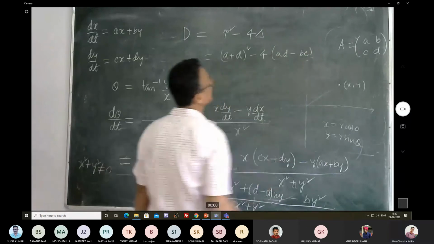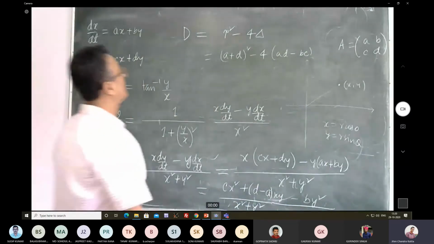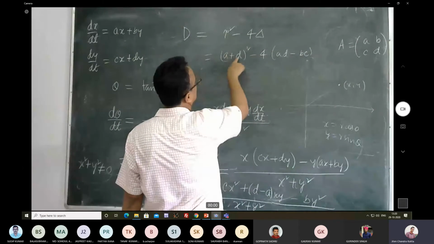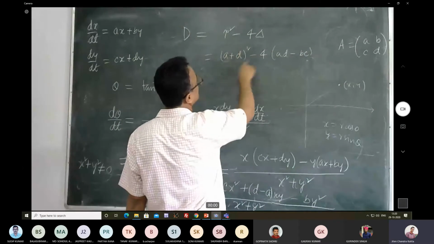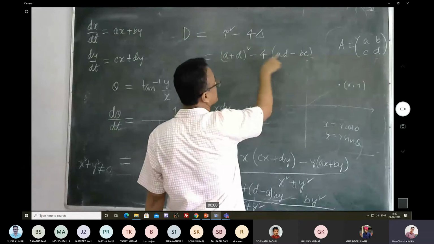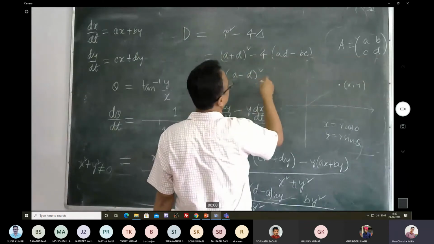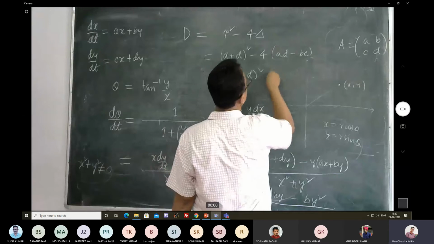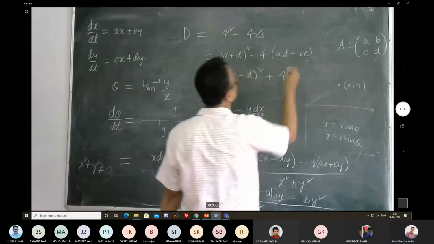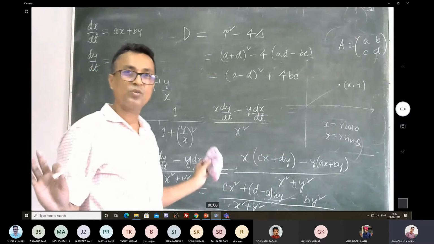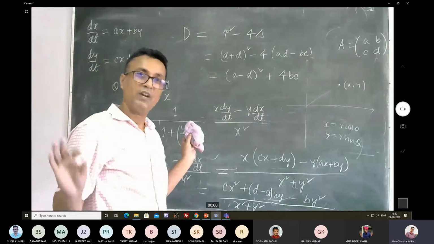Is it okay? Fine. So this is going to be A square plus D square plus 2AD. If you take minus 4AD, this is going to give you (A minus D) whole square plus 4BC. Yes, so far so good.